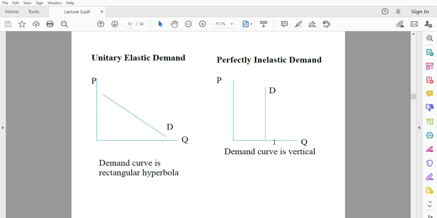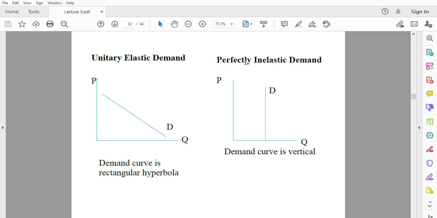Then if you have one like this, that is more or less like a rectangular parabola or a diagonal. Assuming you draw a rectangle, this one cuts it into two, it means that the demand curve is unitary elastic.